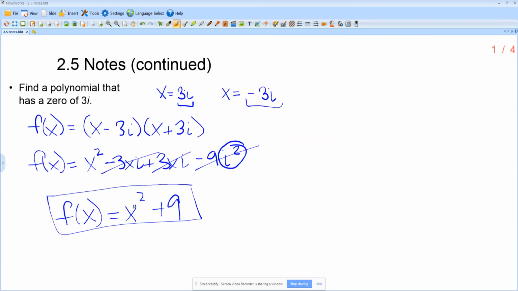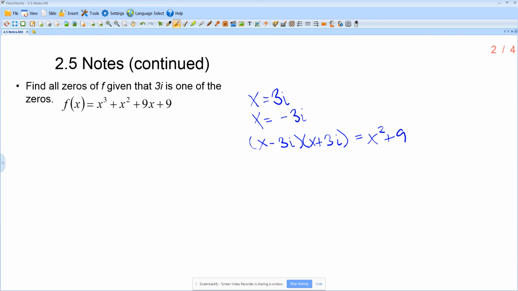We did that right here. So two of the factors of this entire polynomial are x squared plus 9. That's two of my linear factors. They've just been multiplied. So what I can do is long divide x cubed plus x squared plus 9x plus 9 by x squared plus 9. Because I know that this is one of the factors, so I know it's going to divide out nicely.